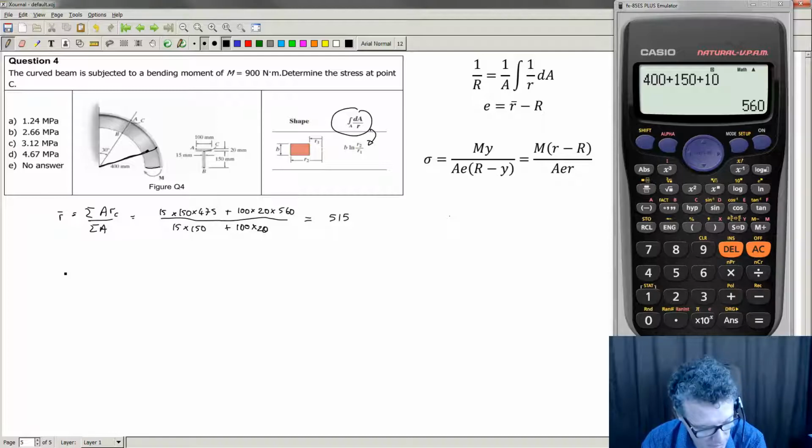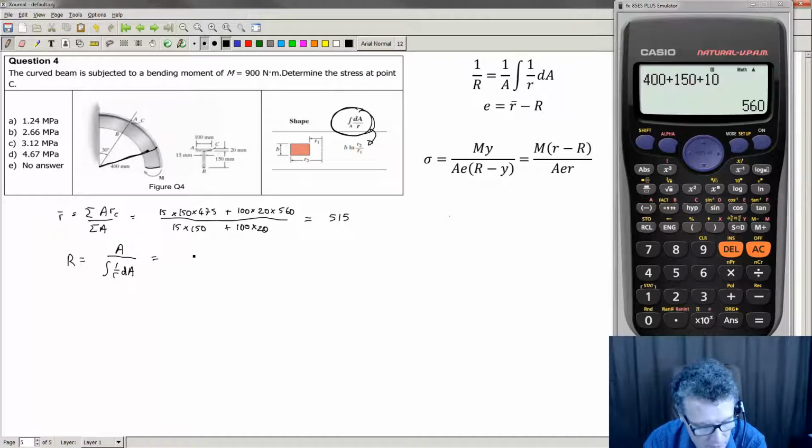Right, so for that, let's rearrange this formula. So we get R equals A divided by the integral of 1 over R with respect to A. And that term there I can find using the question.